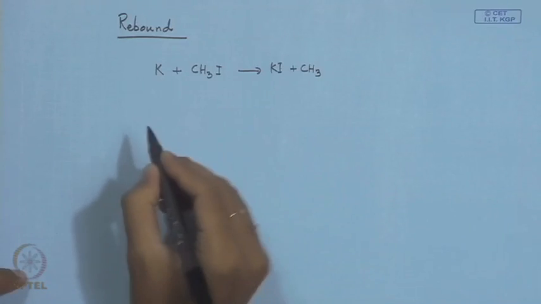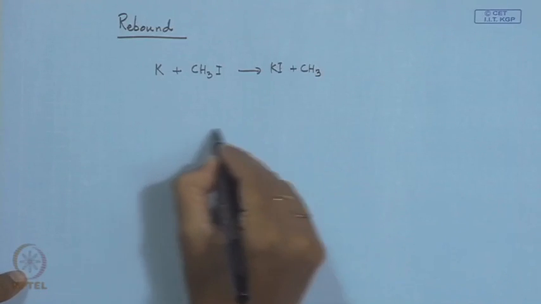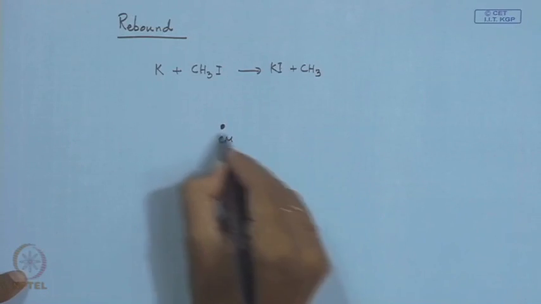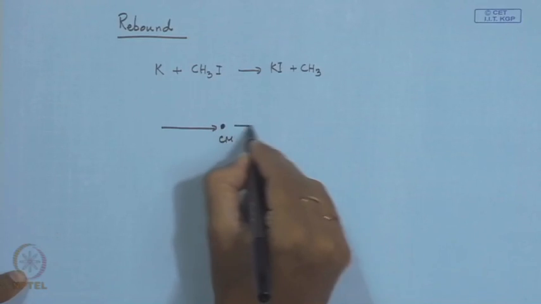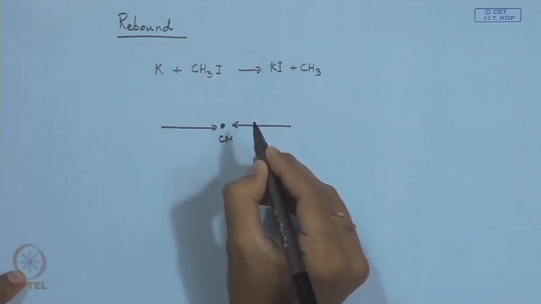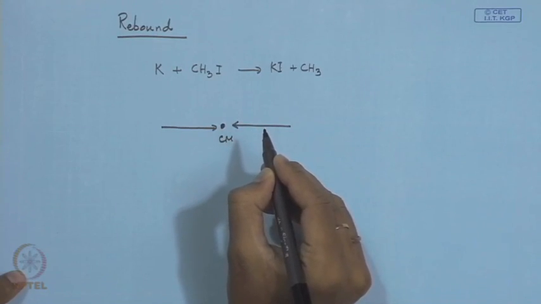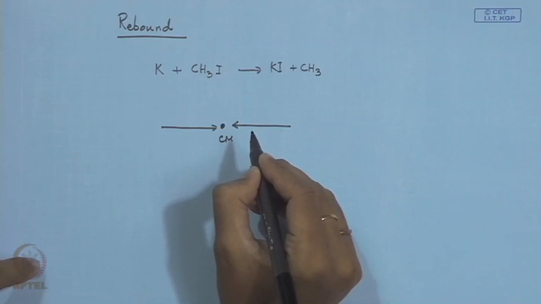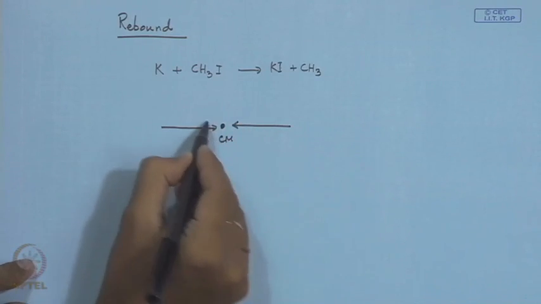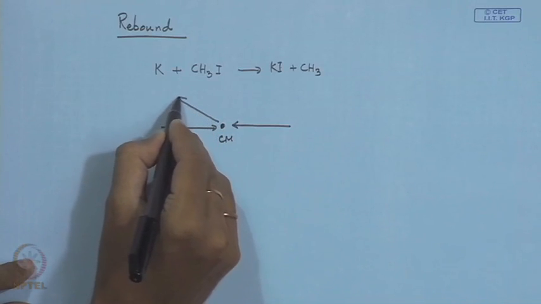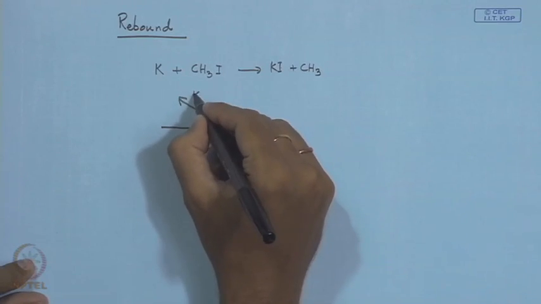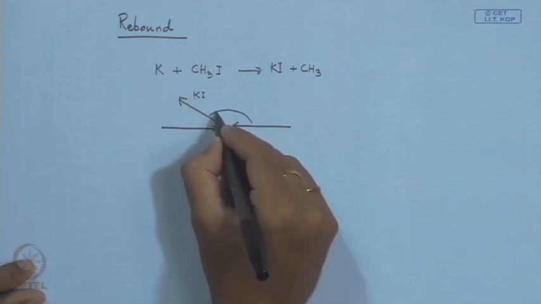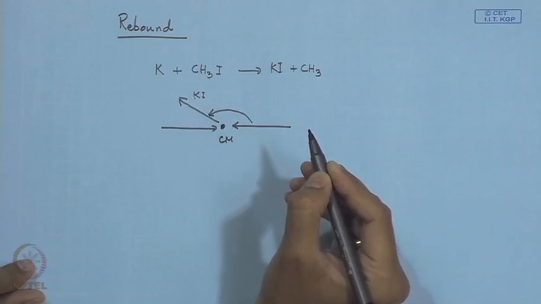In the center of mass system you can represent this, and this is your scattered KI, theta is more.